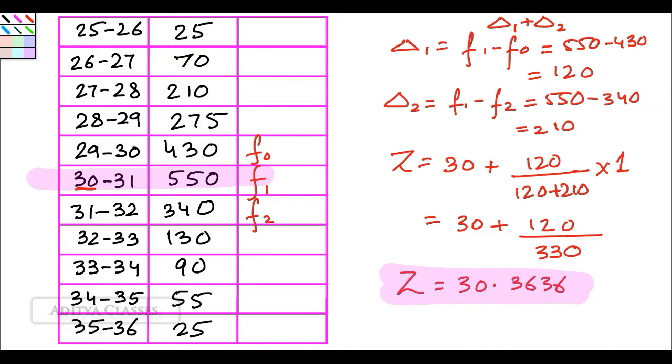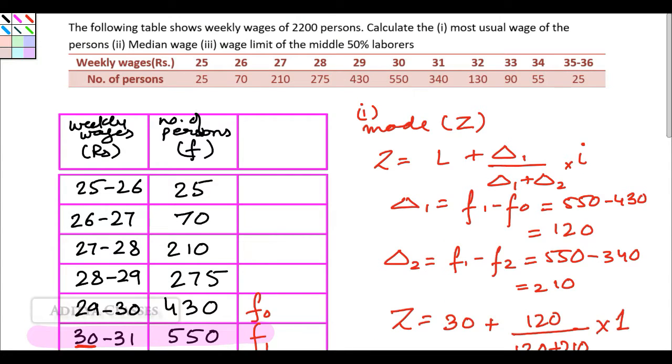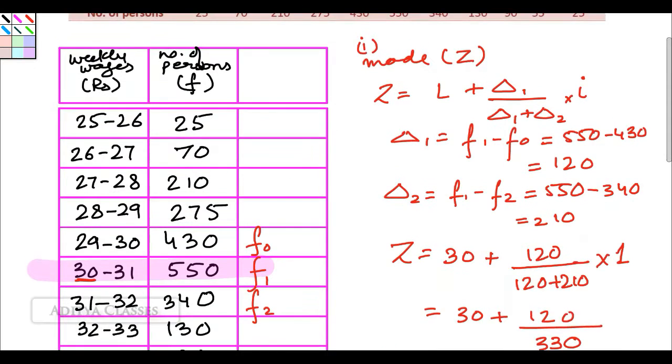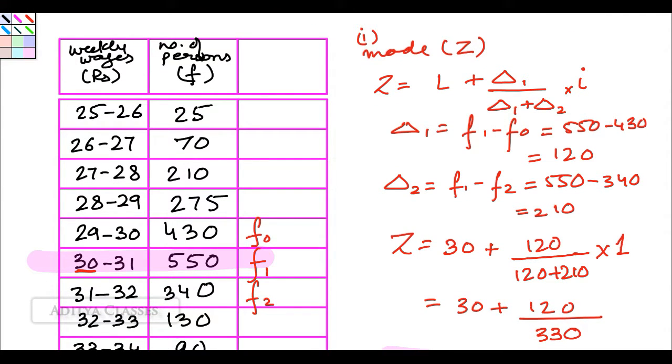Next, we need to find out the median wages. In order to find the median, we will be needing cumulative frequency. So we have frequency, cumulative frequency, which we call CF.